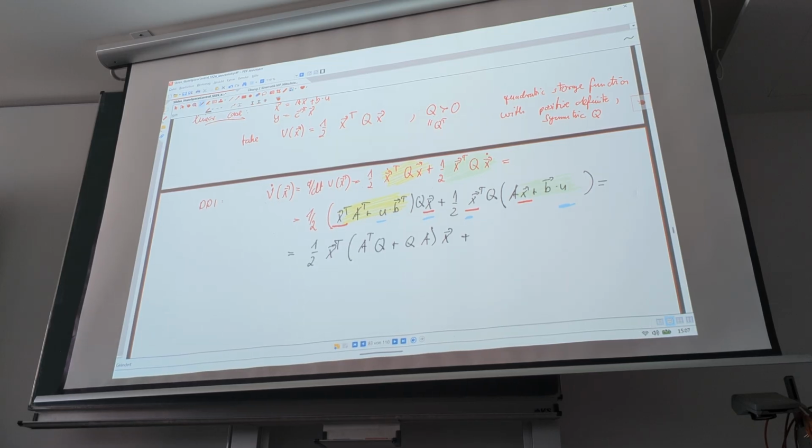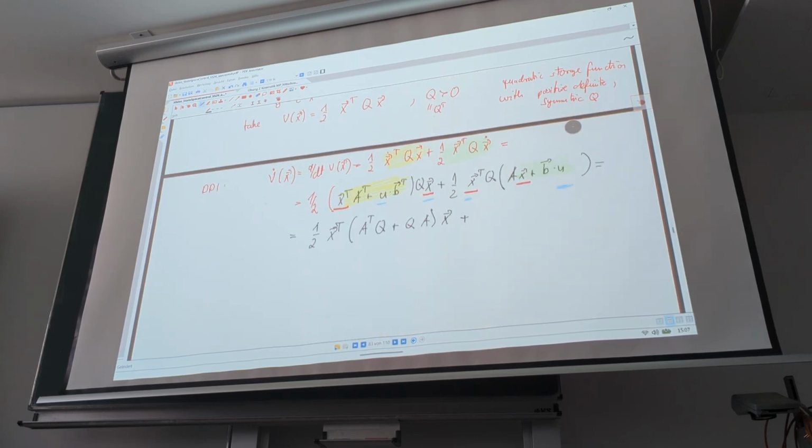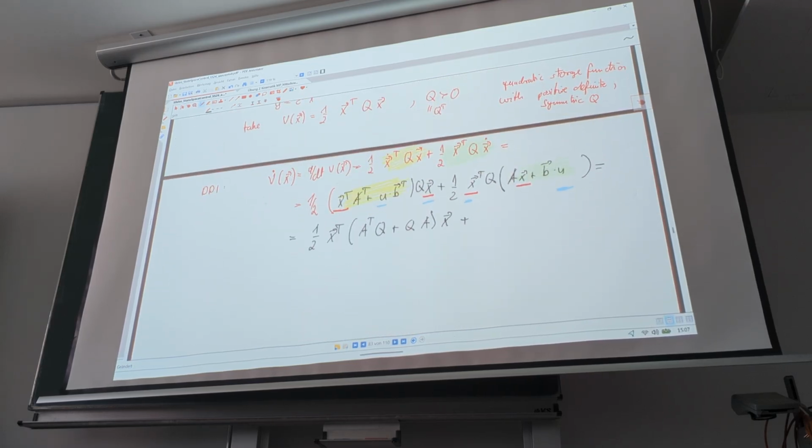So I basically get plus, if you want, we said that this is y transpose v, so then I say that this is x transpose QB v. So this would be the blue part now, and this would be the red part.